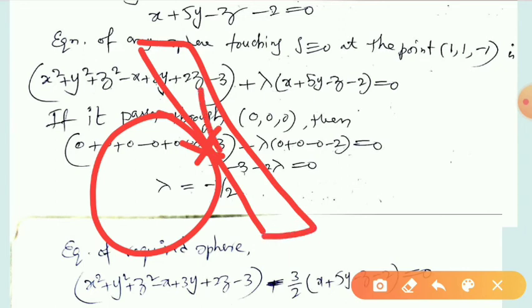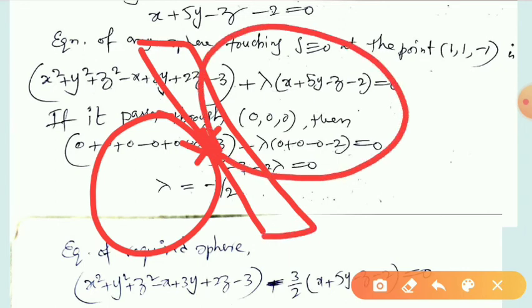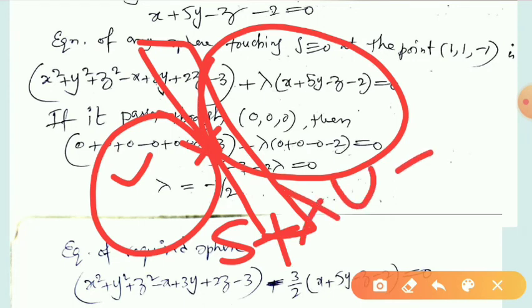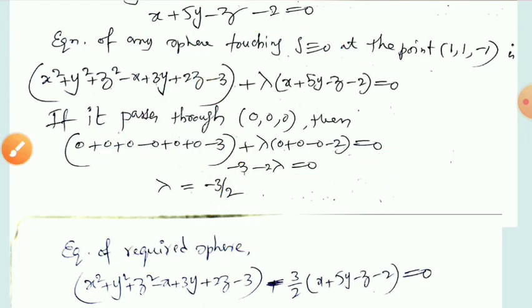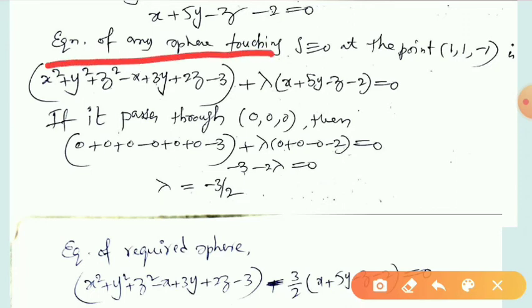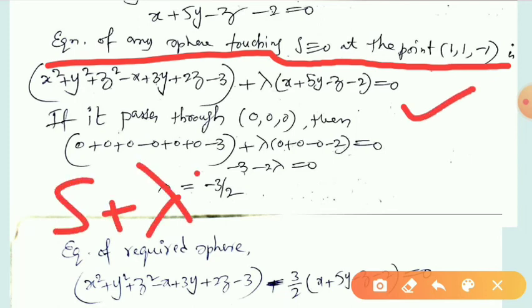To find any sphere passing through (1, 1, -1) and touching the given sphere, we can apply the principle S plus lambda u is equal to 0. Therefore the equation of any sphere touching the sphere S equal to 0 at the point (1, 1, -1) can be taken as S plus lambda u is equal to 0.